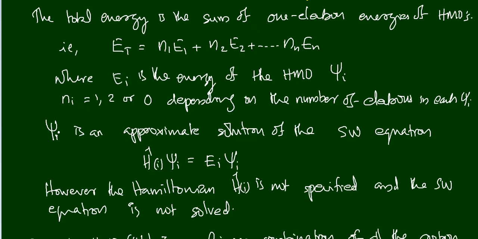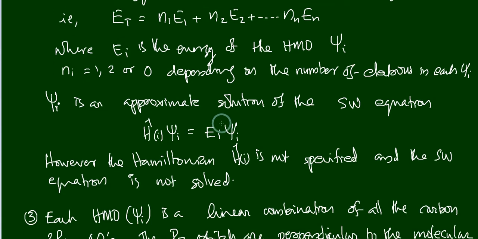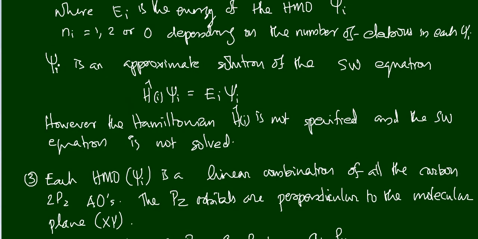And now psi I is an approximate solution of the Schrodinger wave equation, H cap I psi I is equal to E I psi I. Psi I, as you know, is the ith Hückel molecular orbital, and corresponding to that there is an eigenvalue equation or a Schrodinger equation, that is H cap I psi I is equal to E I psi I. Okay.